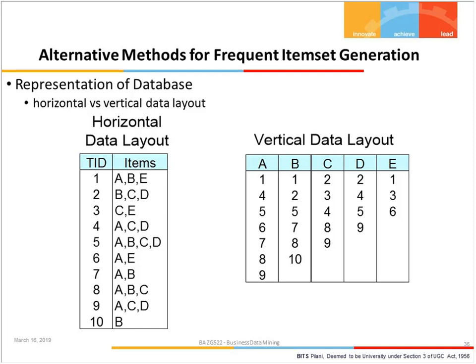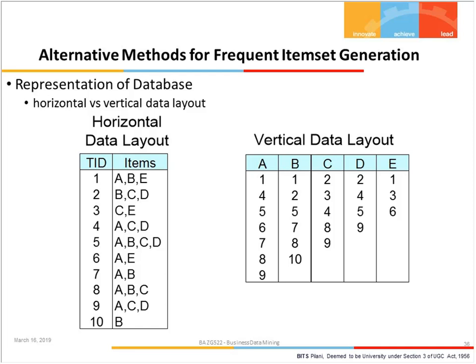So for each item, we store the record IDs or transaction IDs which contain the item. And then we sort them in the order of the number of occurrences. So A is occurring in the maximum number of transactions, next is B, next is C, next is D, next is E.